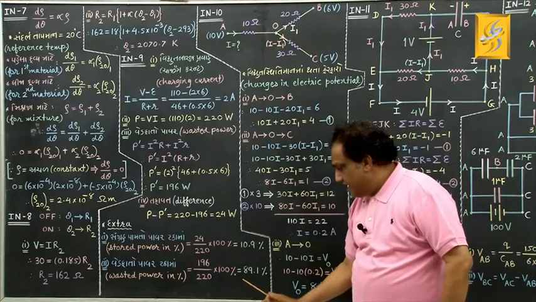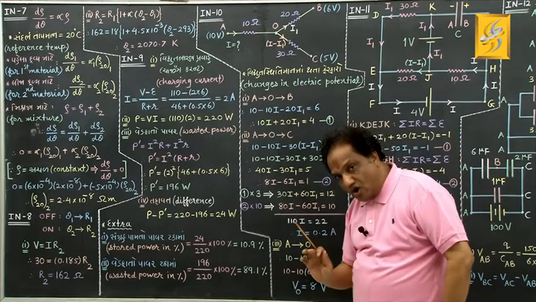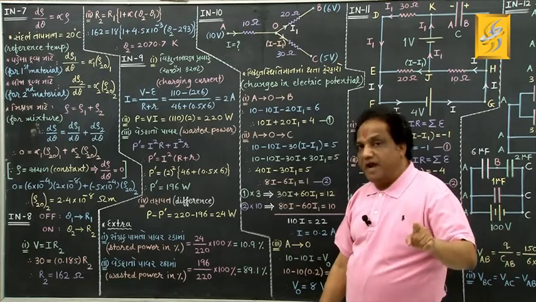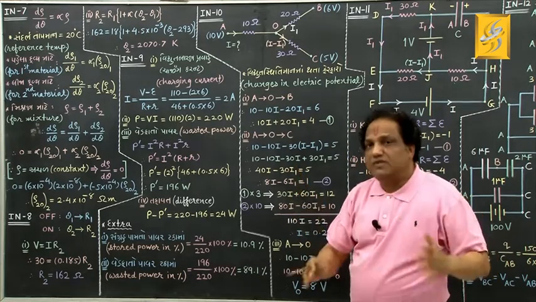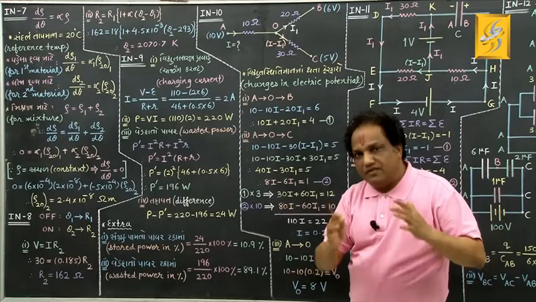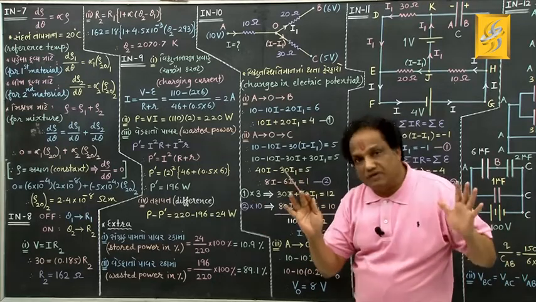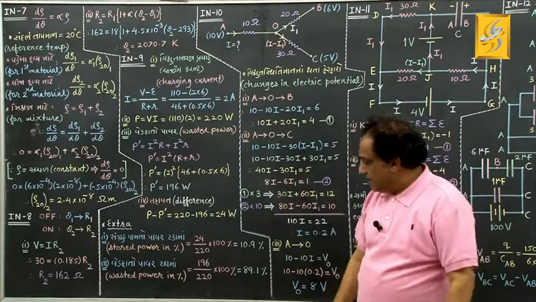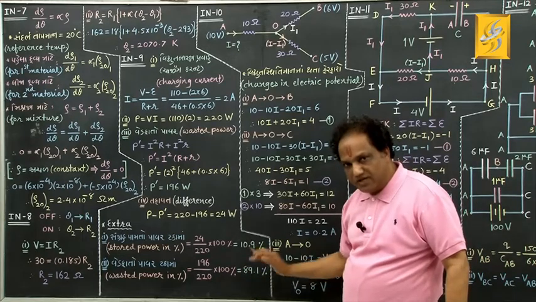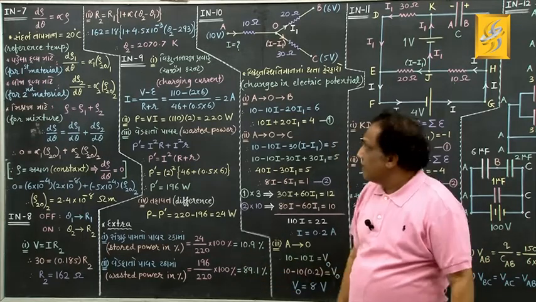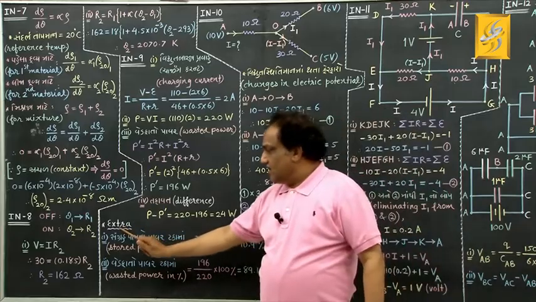What does it mean? 89.1% of total power spent is getting wasted in the form of heat. You can say it is getting dissipated, it is wasted like Joule power. Correct? Fine. And now the summation of these two must be 100%, that you can check here. Okay, fine. I have written here an extra note.